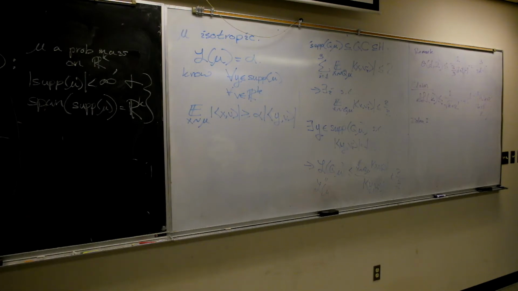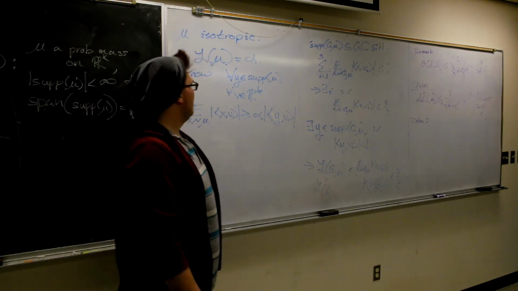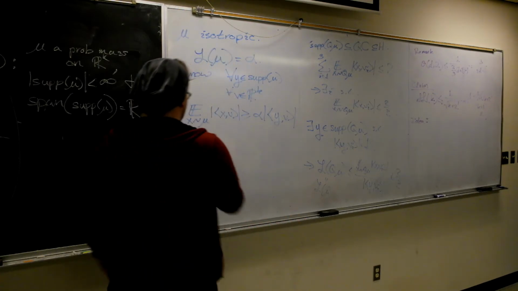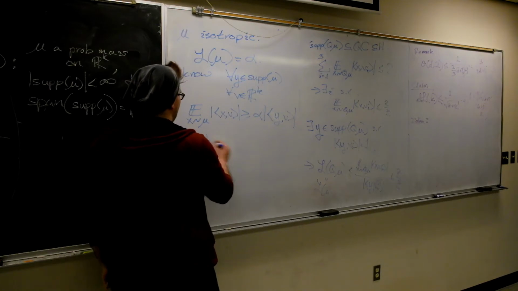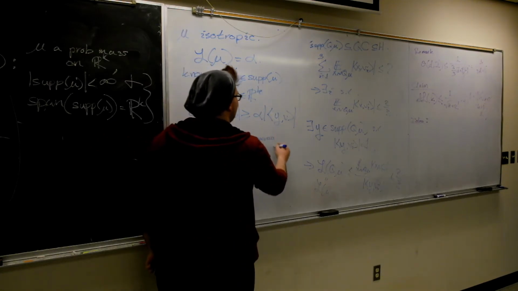Just by unwrapping this guy, because we're taking the infimum over all y and v. In particular, I could pick a very special y and v. Let's pick v equal to y and average over all y.